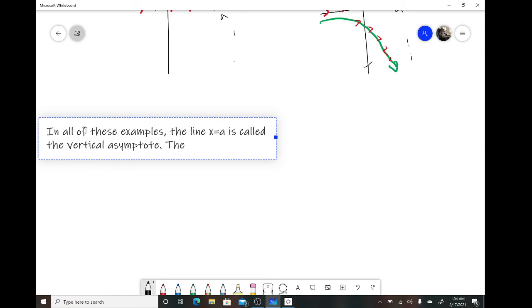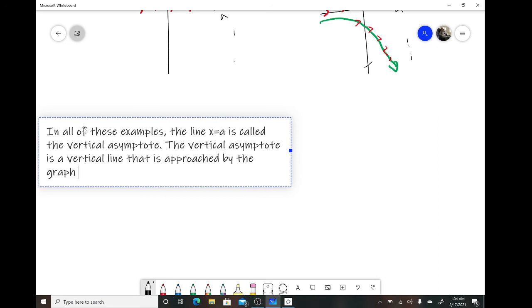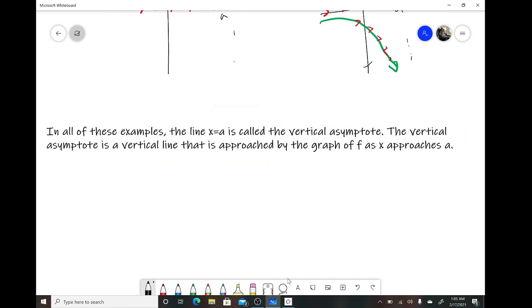The vertical asymptote is a vertical line that is approached by the graph of f as x approaches a. So this, again, we saw during the review. So I'm just going to define it once more.